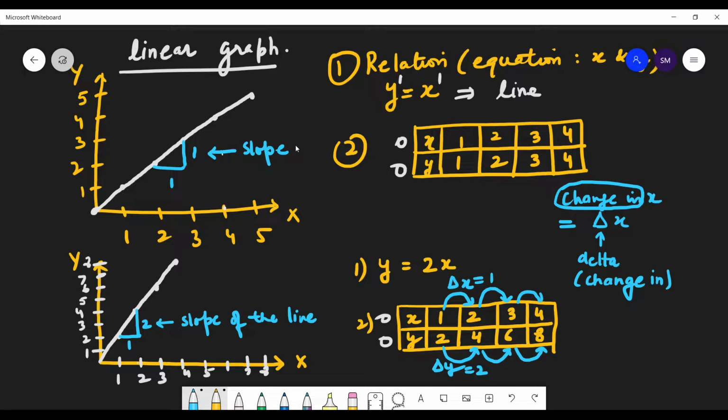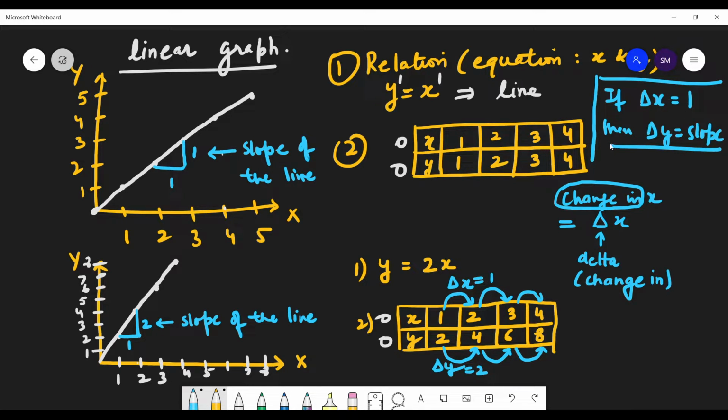Have you understood? Yes, sir. Sir, please tell again. See, it's so simple. If change in x is 1, then change in y is known as the slope of the line. As simple as that. Got it? Yes, sir.